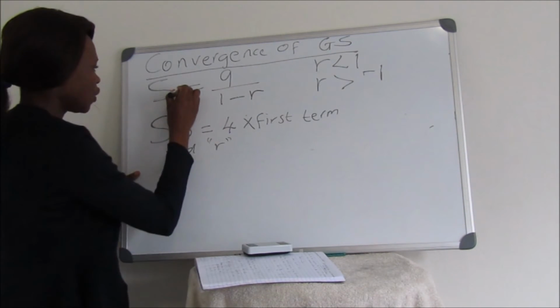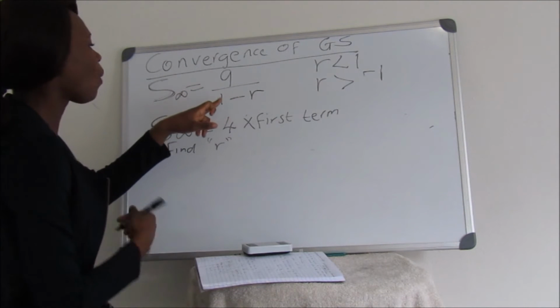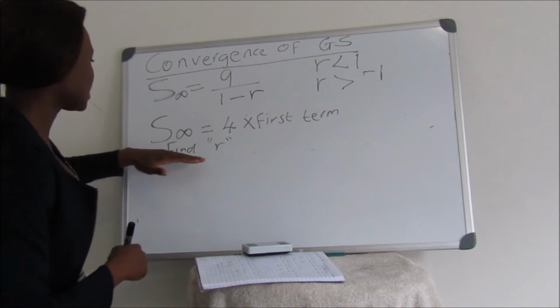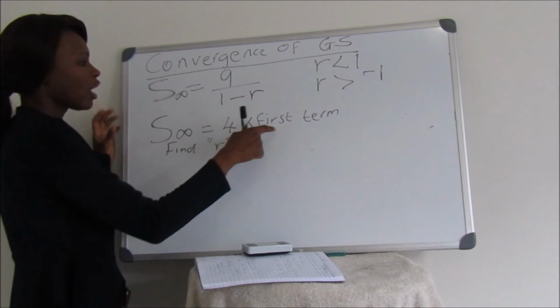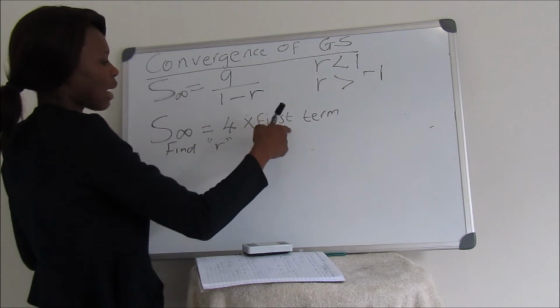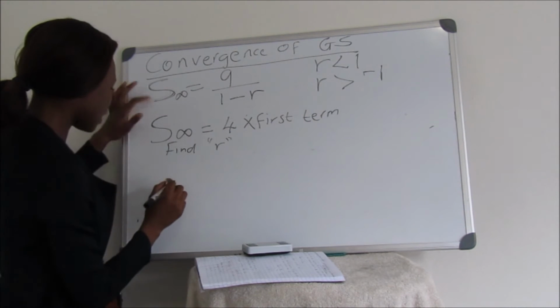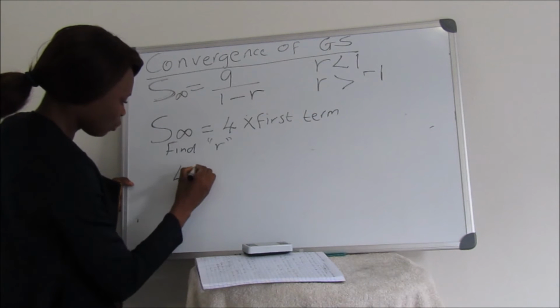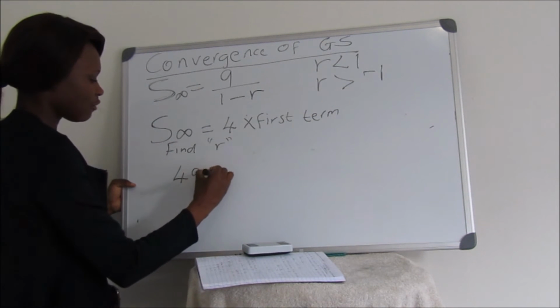Remember, our equation here for sum of infinity is A divided by 1 minus R, and in this case we are told that our sum of infinity is 4 times the first term. Instead of sum of infinity, we replace it with 4A, which is 4 times A, the first term.